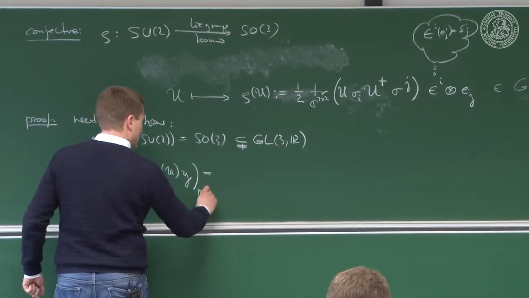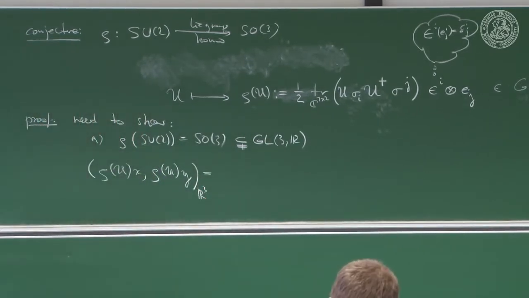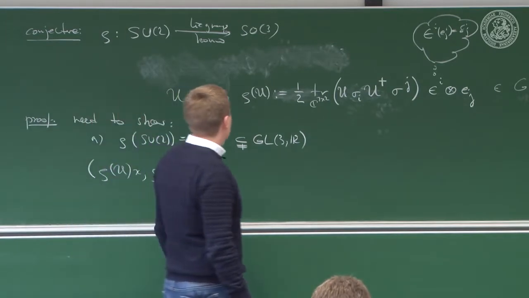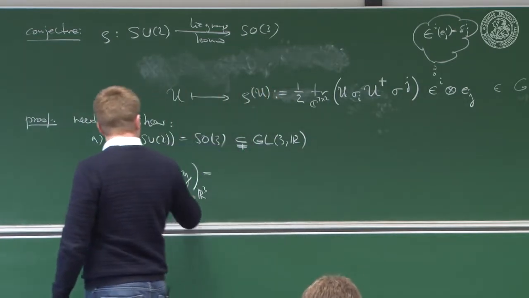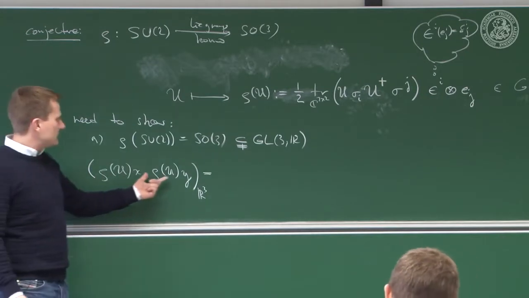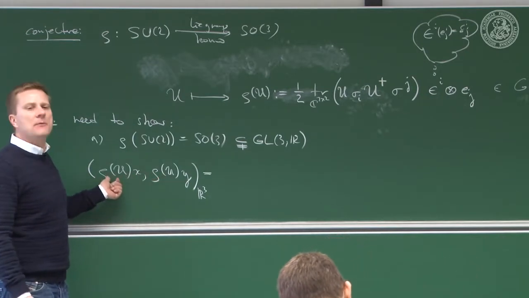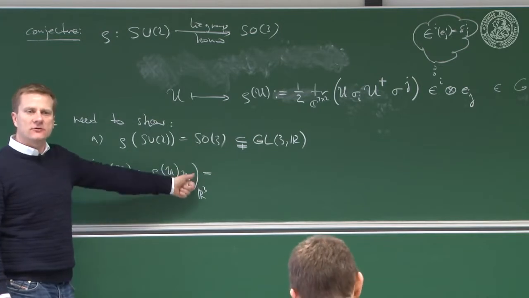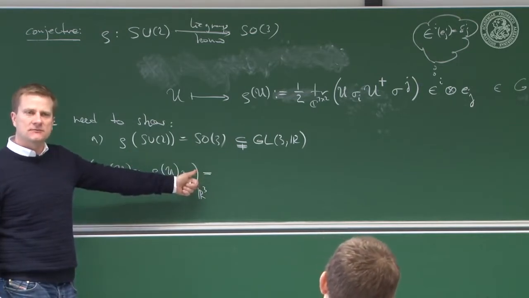So this is now the inner product on R3, but now we're trying to be clever about this. We already know that if I take this inner product and I apply a mu to it, then I can convert it into an inner product on H, right?